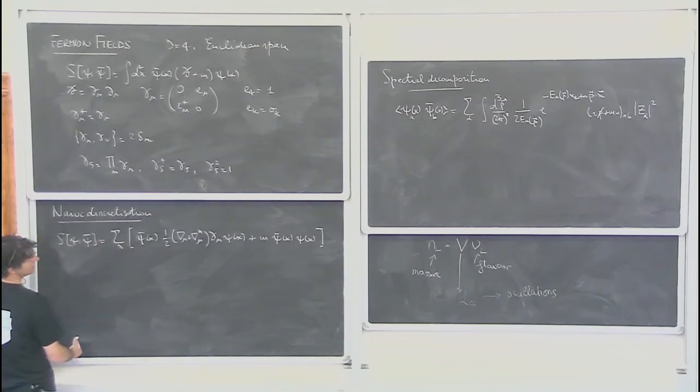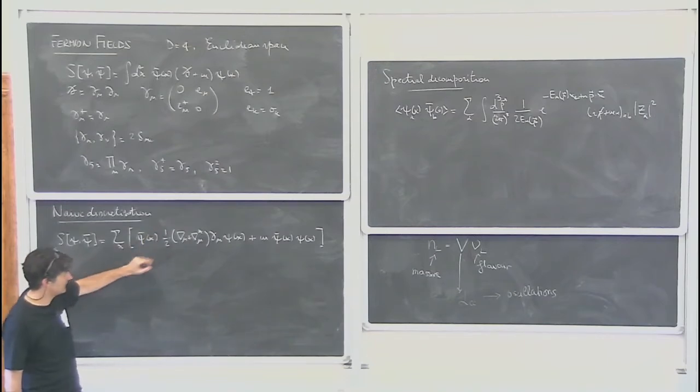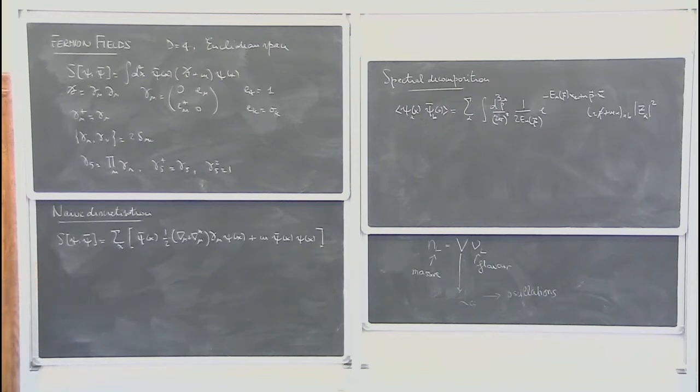So then again, we will do exactly the same exercise. We're going to look for the propagator. So the thing that we want to focus on is the particle content of this theory in the free case. So we're going to do exactly what we did for the scalar. We're going to compute the propagator, and then having the propagator, we're going to compare the two-point function with the spectral decomposition, and we're going to derive the particle content.